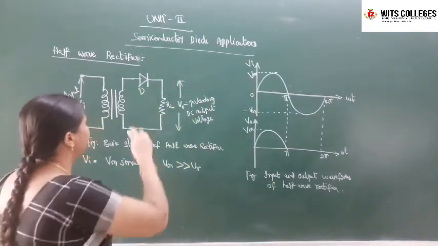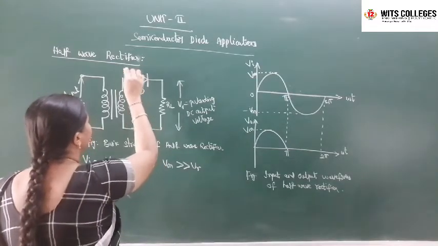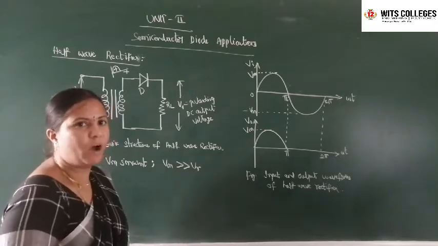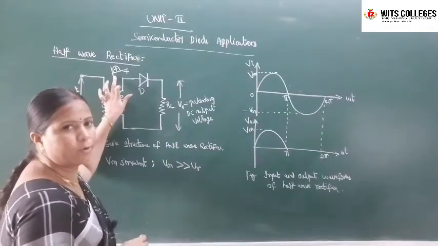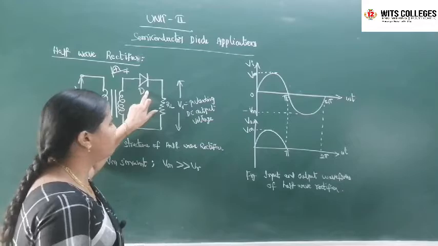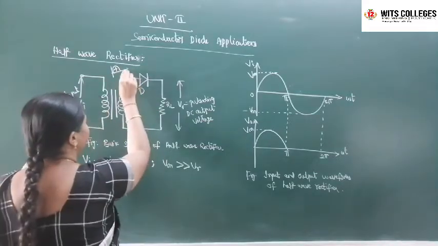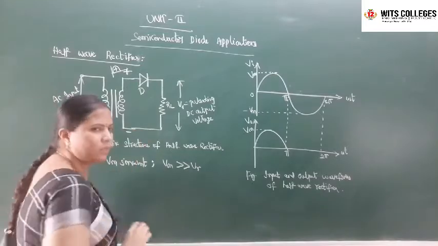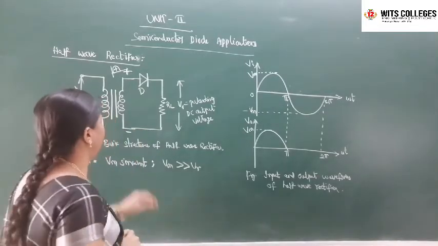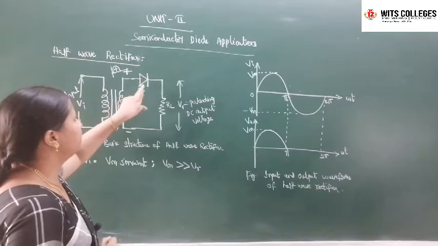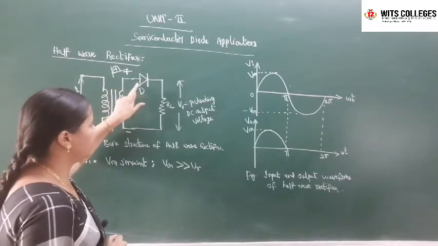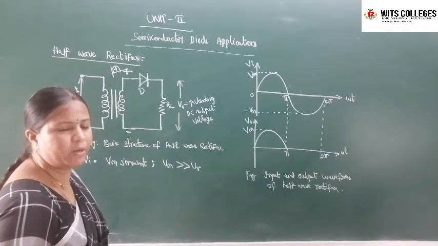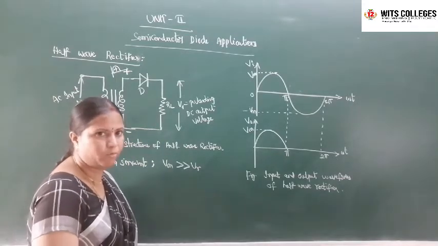So when you are giving the positive half cycle of the AC input voltage, what is happening? The secondary terminal of the transformer becomes positive and the other becomes negative. So in this case, the positive terminal of the source is connected to the diode positive terminal and negative is connected to the diode negative terminal, meaning the diode is in forward biased mode.